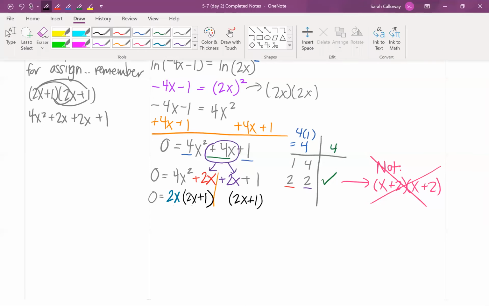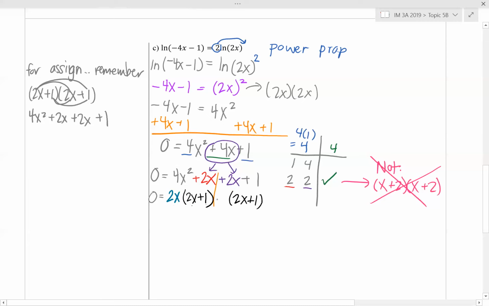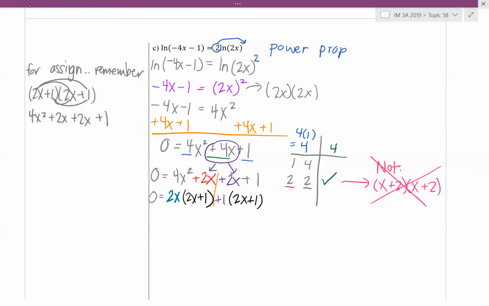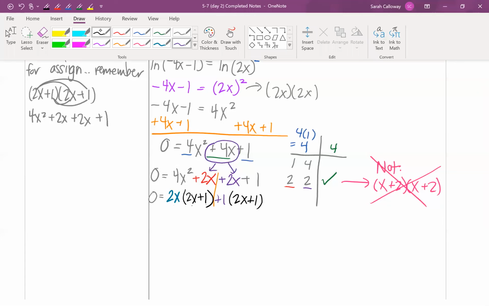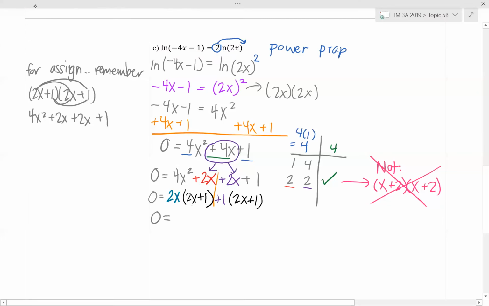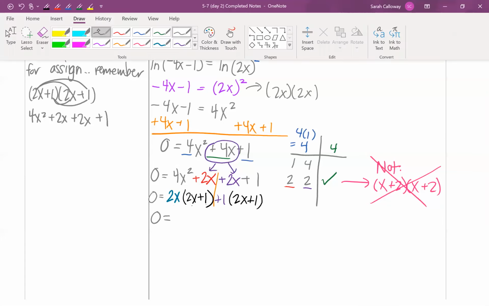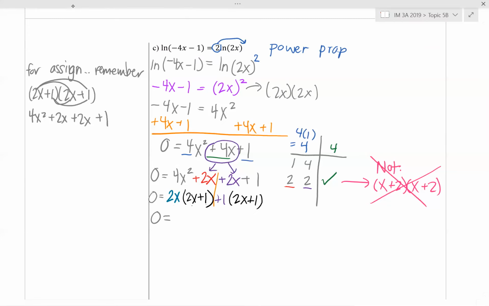What's important to note is that we already have that, so the common factor here is just 1. You have to make sure that you write it because that's part of one of the factors. So this factors to the common factor, 2x plus 1, times the sum of the coefficients.